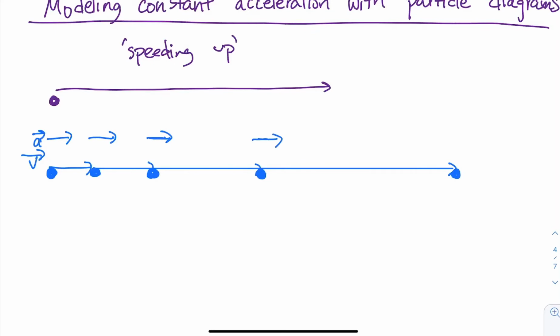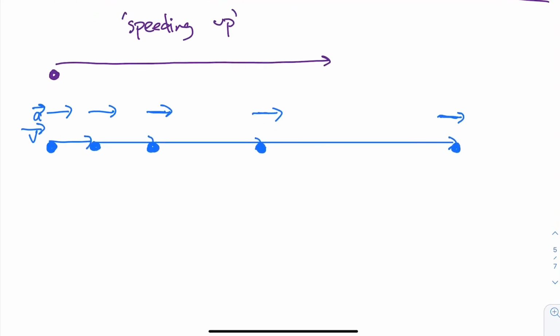It's not perfect, but hopefully you understand that all of these top arrows, these acceleration arrows, are supposed to be the same length. And keep in mind, they're the same direction as well, which shows how we're moving in a constant acceleration. Acceleration is directional.